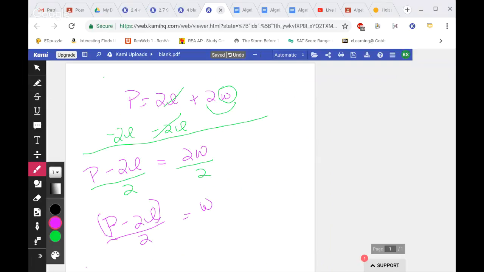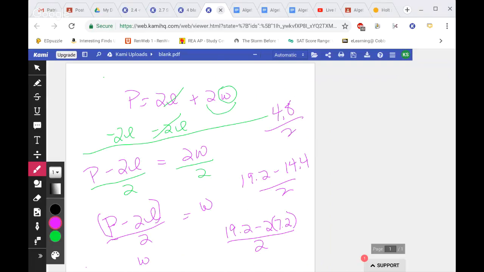So then from there you would take what you know, which is the 19.2 minus 2 times 7.2 divided by 2. And you've already got this part really figured out. It was 19.2 minus 14.4 divided by 2, which leaves you 4.8 divided by 2, which is W equals 2.4.